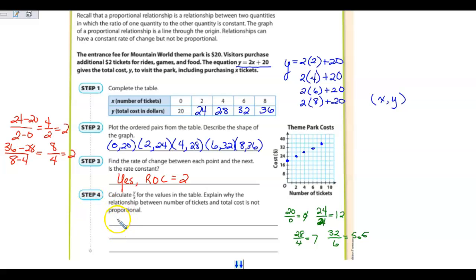So the relationship between the number of tickets and the cost is not proportional because there is not a constant.